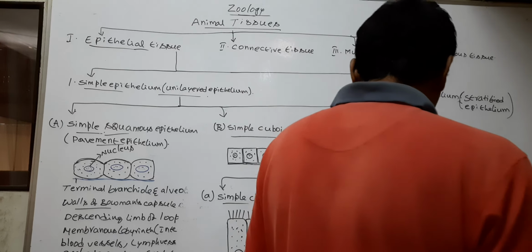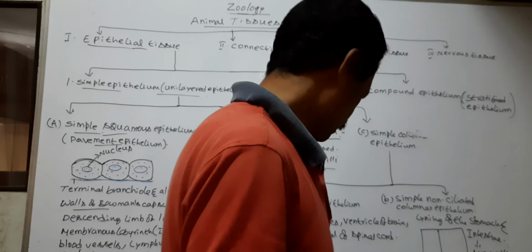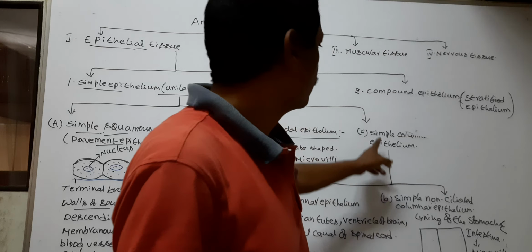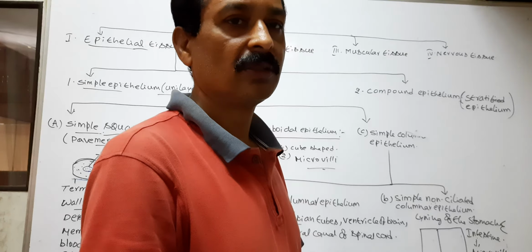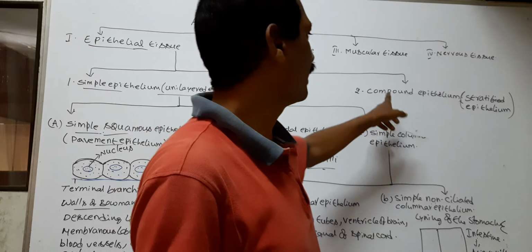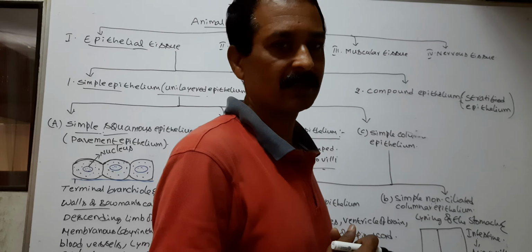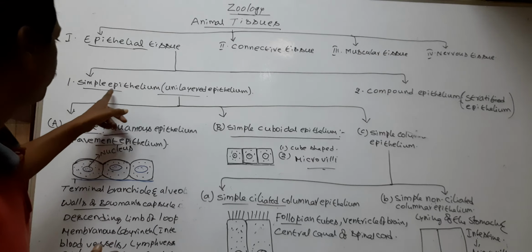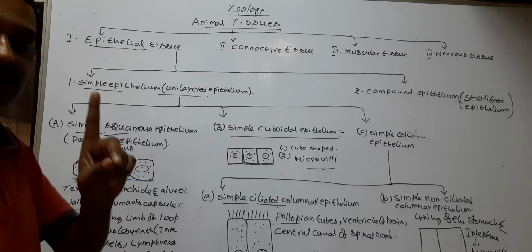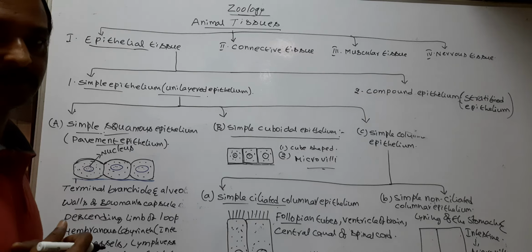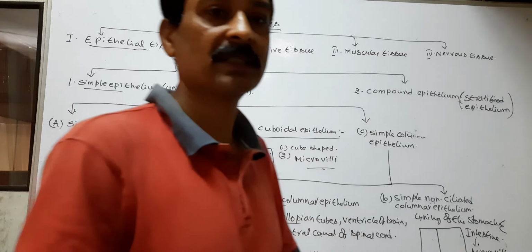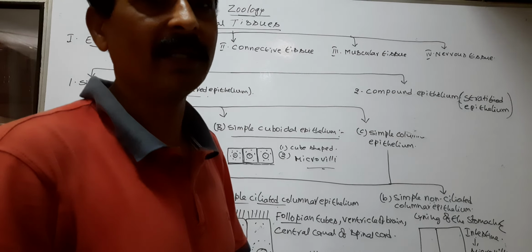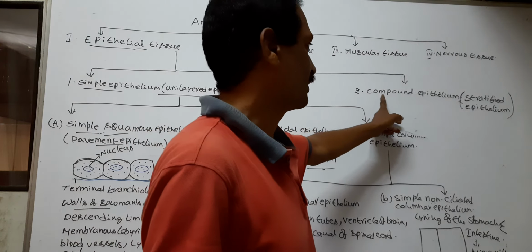The compound epithelium possesses more than one layer of cells. The simple epithelium possesses a single layer, but the compound epithelium possesses more than one layer, or many layers.